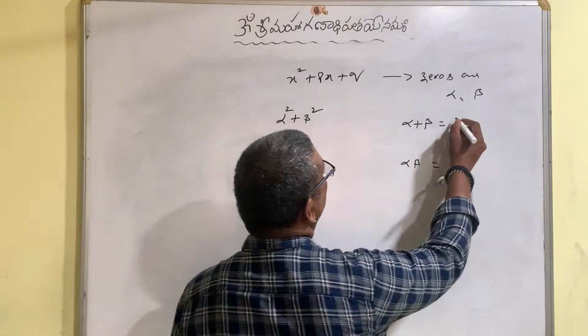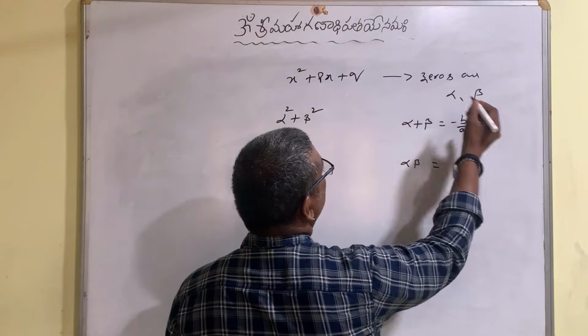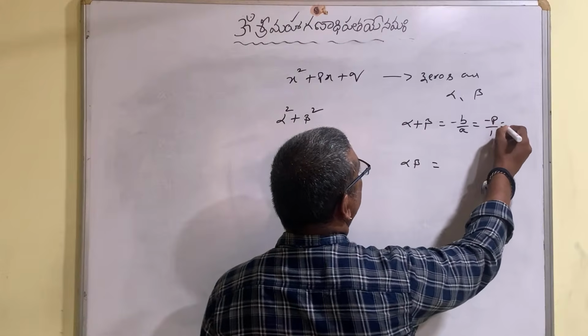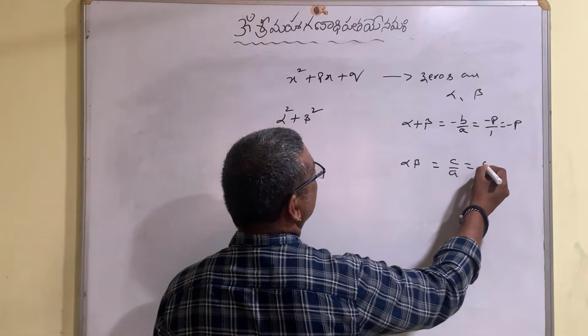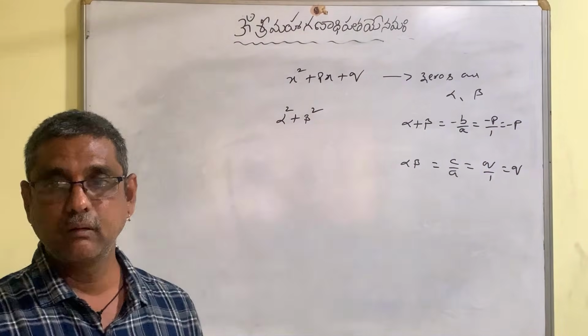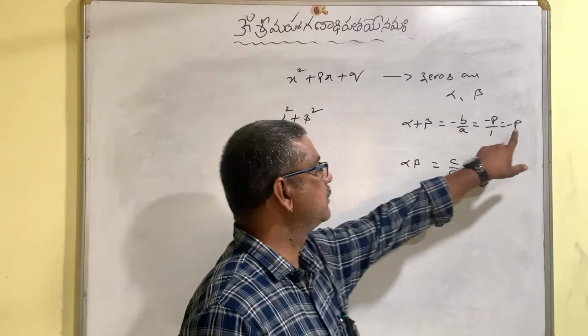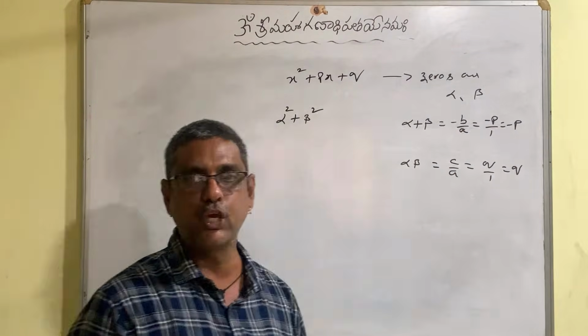Alpha plus beta is minus b by a, which is minus p by 1, so minus p. Alpha beta is c by a, that is q by 1, which is q. Alpha plus beta value is minus p. Alpha beta value is q.